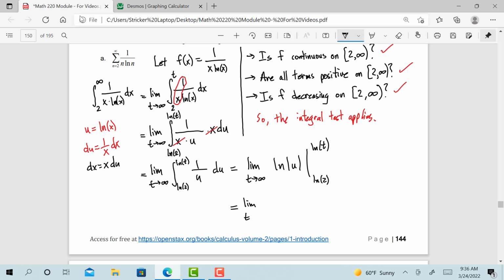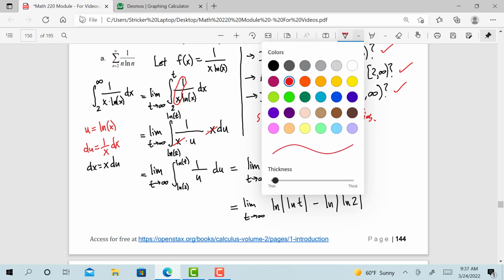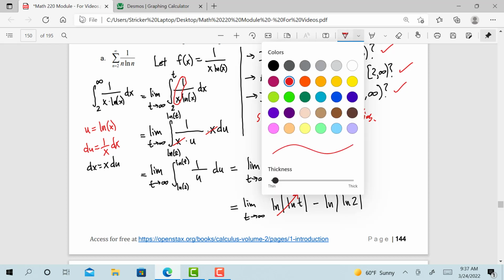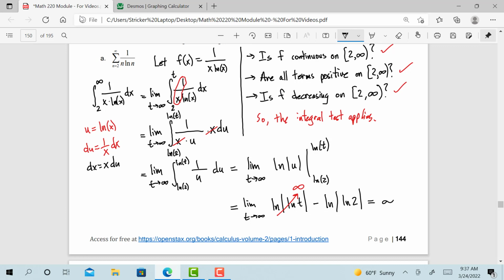So we have the limit as t approaches infinity of the natural log of the absolute value of natural log of t, or excuse me, t goes first, minus the natural log of the absolute value of the natural log of 2. And when t approaches infinity, this first term, the natural log of infinity is infinity, so this goes to infinity. And so that means this entire integral is equal to infinity.